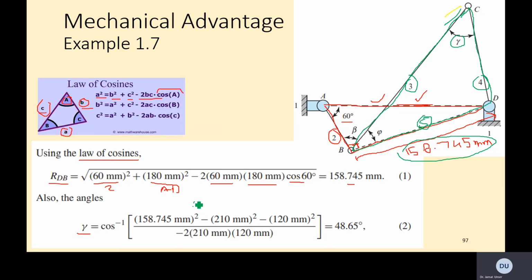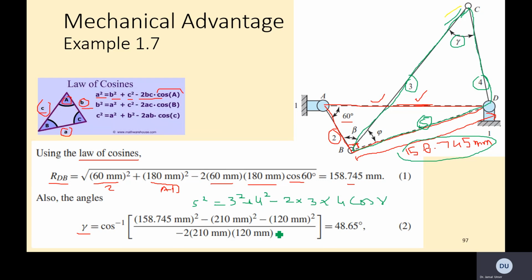So 5 square, for example, is equal to 3 square plus 4 square minus 2 times 3 link 4 and cosine of gamma.